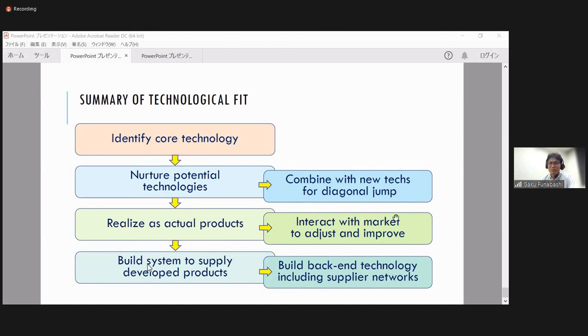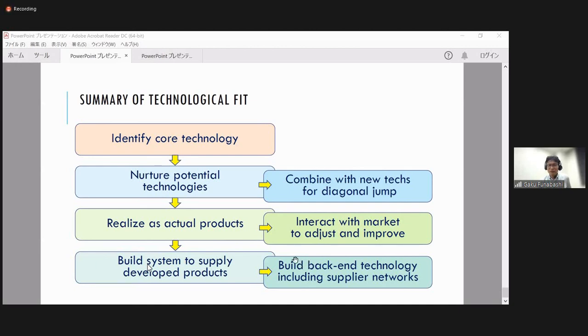That is important. And after you realize products which are accepted by the market, then you need to build a system to supply, to produce, and to distribute, the supply system.